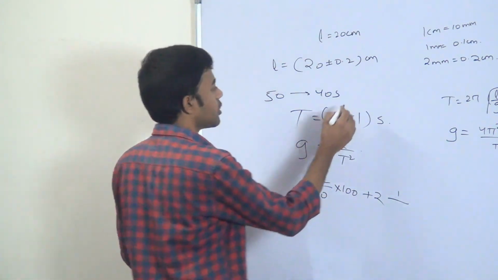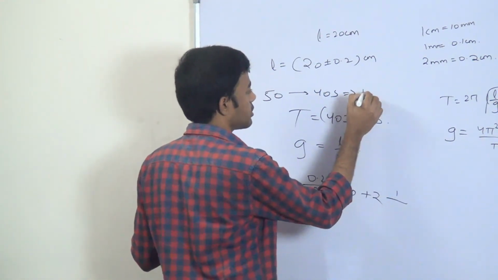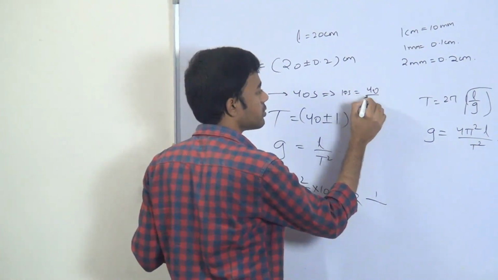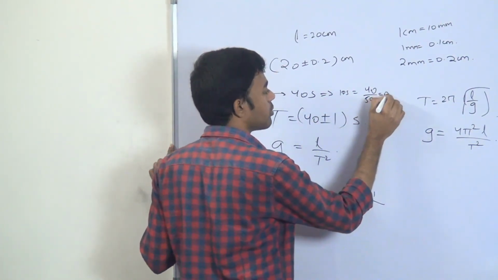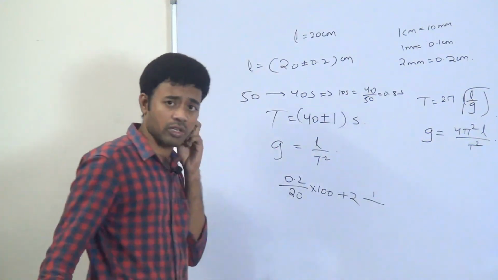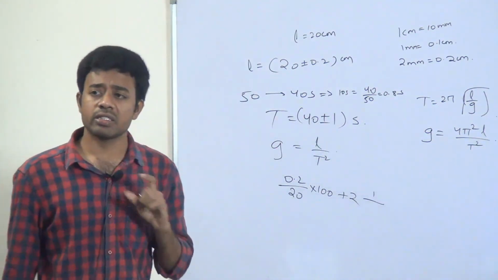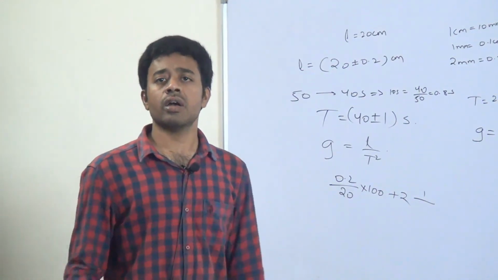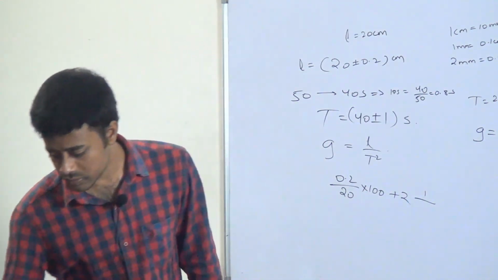So here for one oscillation, it takes almost 40 by 50, which is 0.8 seconds. In total, for 50 oscillations, it takes 40 seconds, and the error is 1 second.